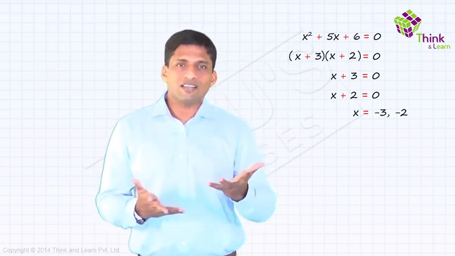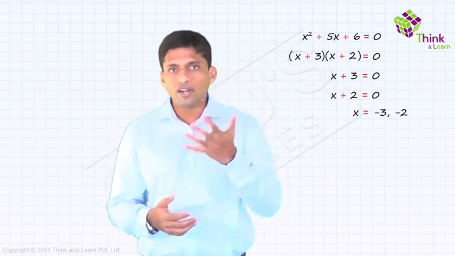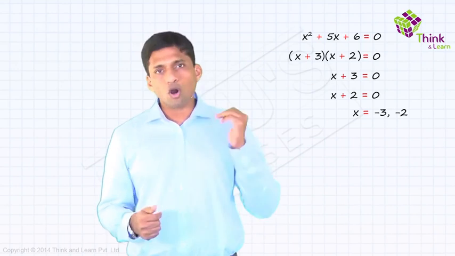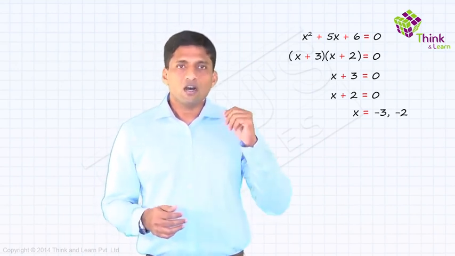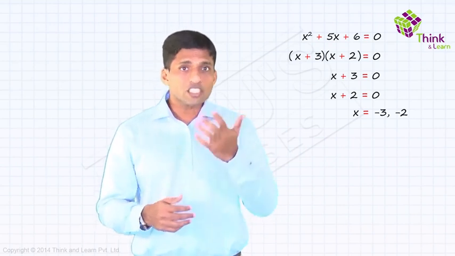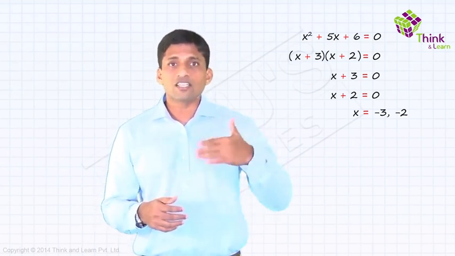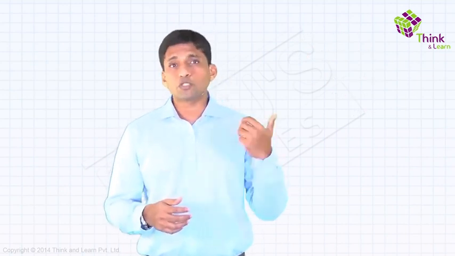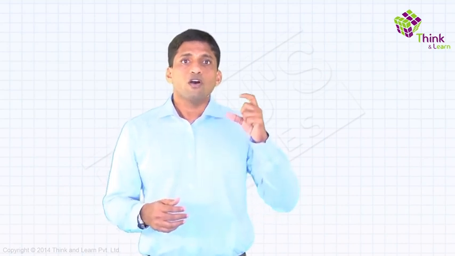Once you connect, it's becoming so simple. That's why you understand this completely now. So you know how to factorize a quadratic polynomial using numbers, and now you know how to visualize it, not just how to factorize, and that's helping you to find the roots. So I'm sure by this you have a much better understanding of factorizing quadratic polynomials.